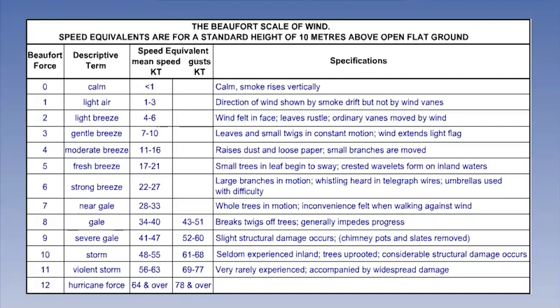A wind scale to describe speed was introduced and devised by Admiral Beaufort for use at sea. An adapted version for use over land is shown here, and is often used by meteorological broadcasters today. Measuring wind velocity is quite simple.